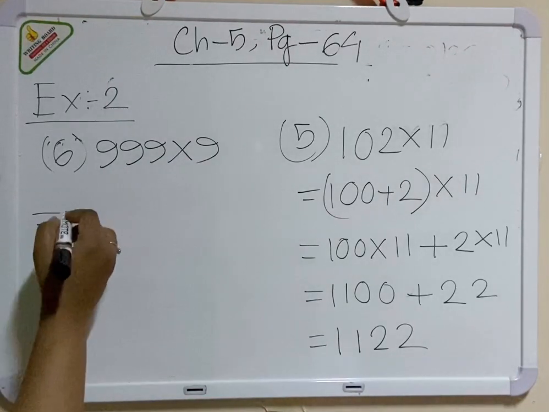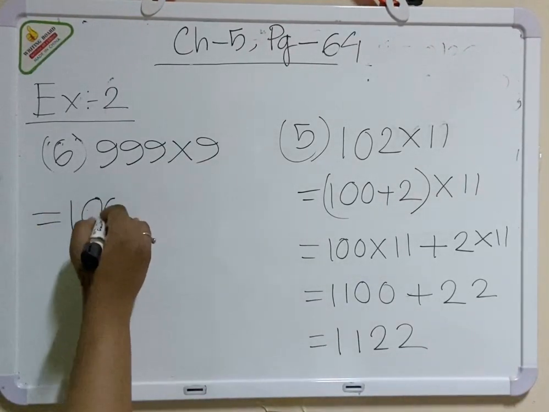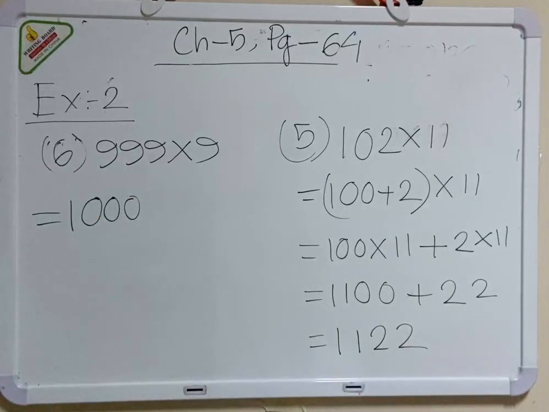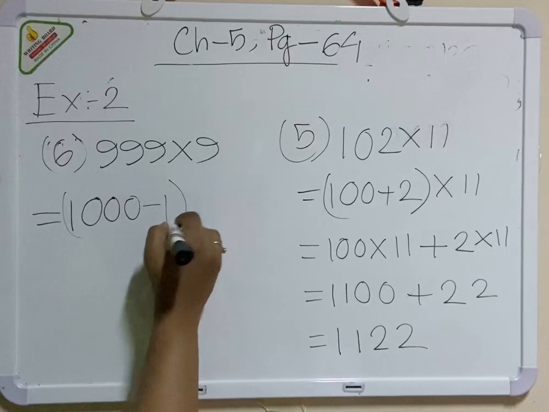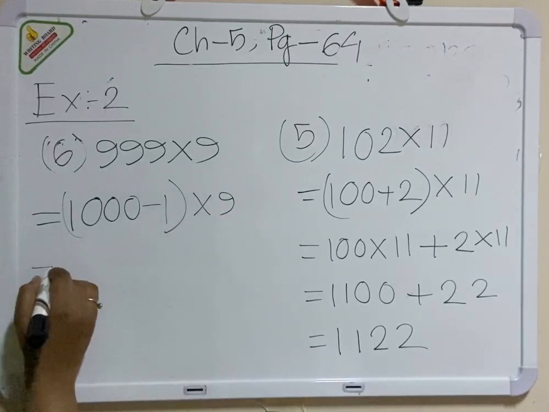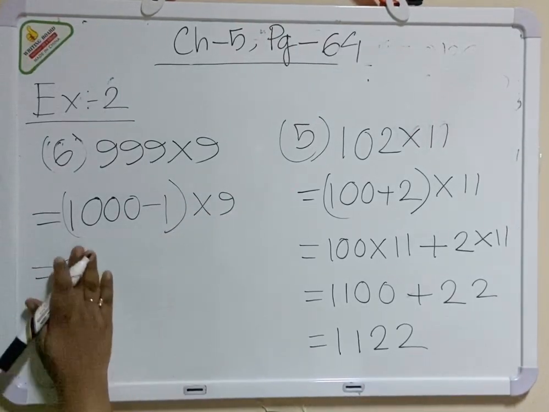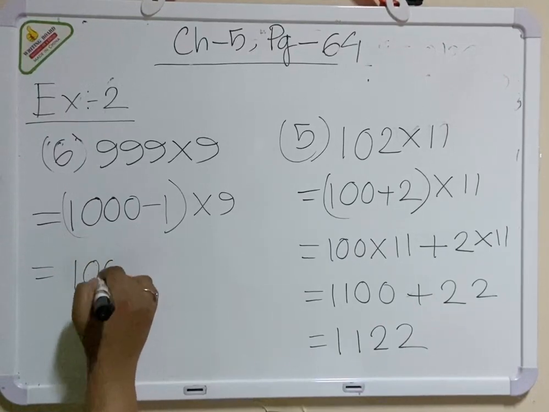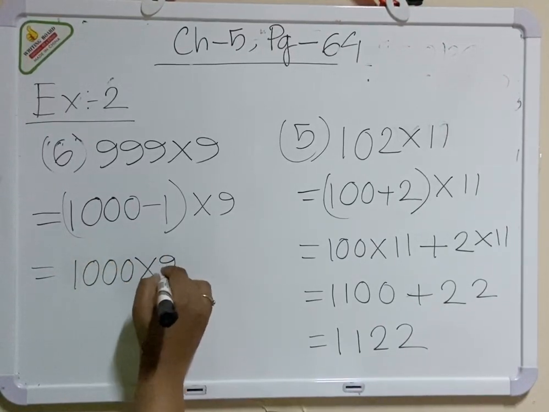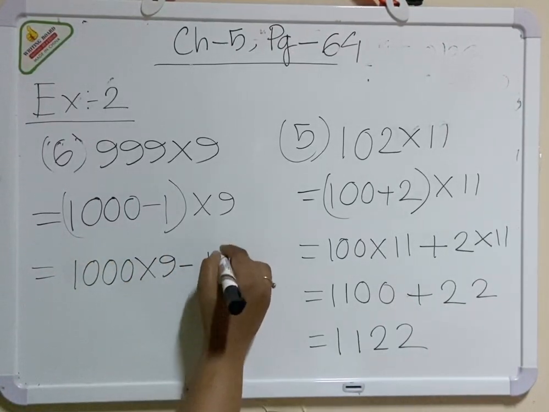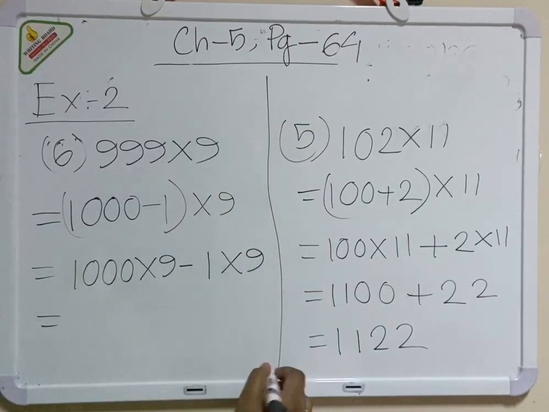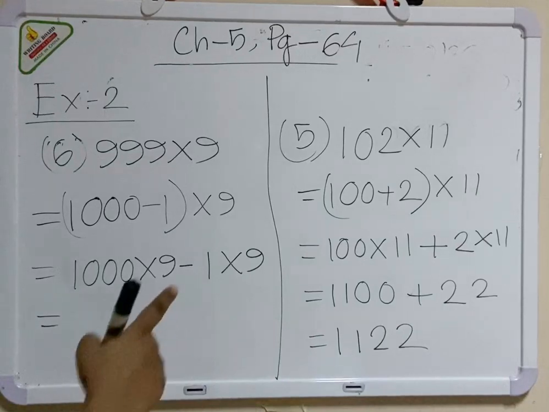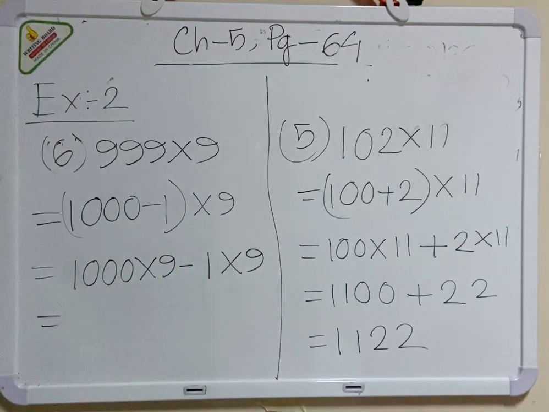You can easily write 1000 minus 1, into 9. 1000 into 9, and subtraction as usual, 1 into 9, because whatever multiplication is there, this number should multiply inside each number of the bracket.